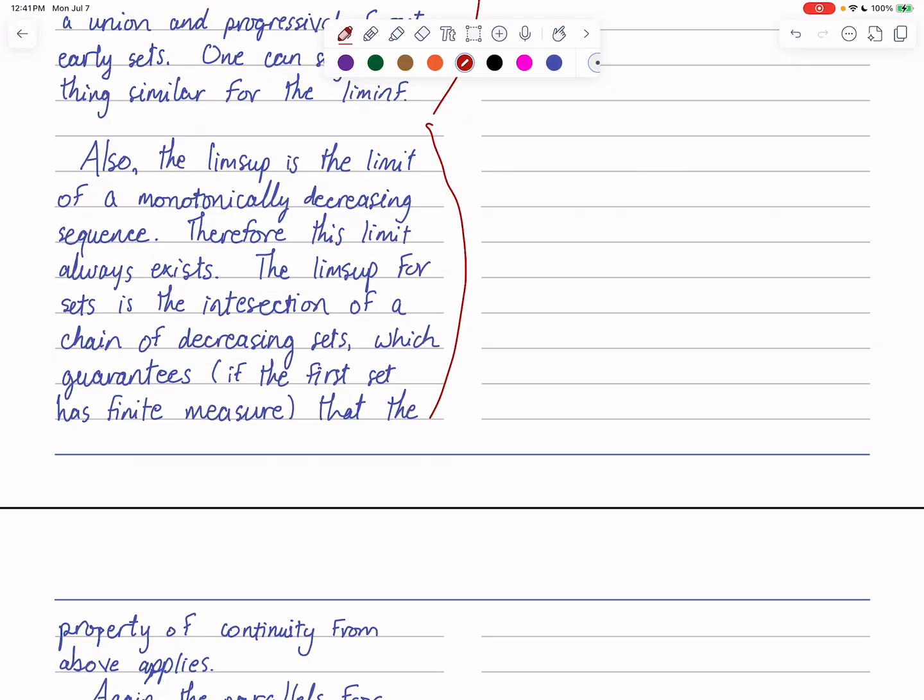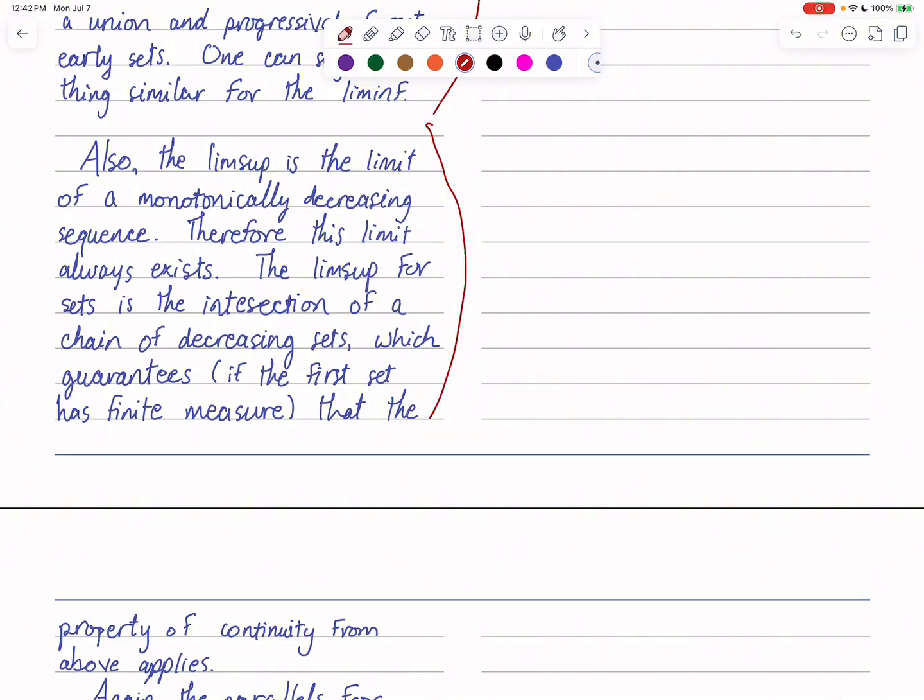And likewise for the Liminf, the sequence of infs forms a monotonically increasing sequence, and its limit must exist in the extended sense. Again, by talking about Limsup and Liminf for sets, we get these chains.